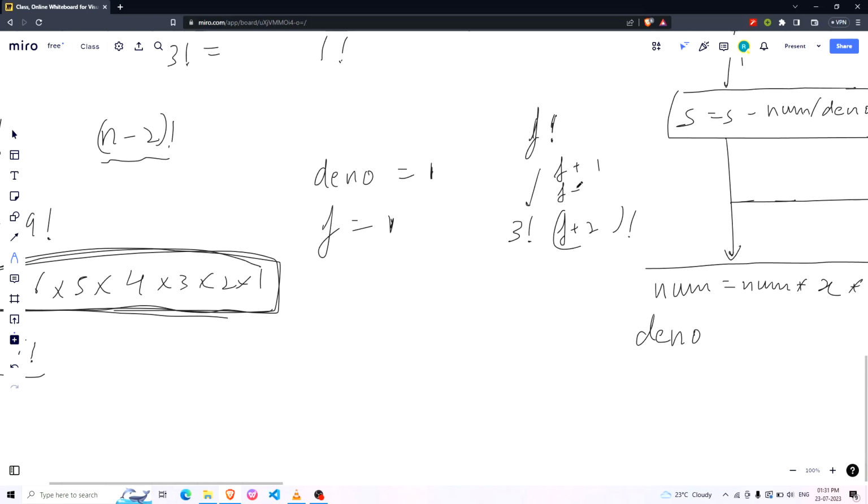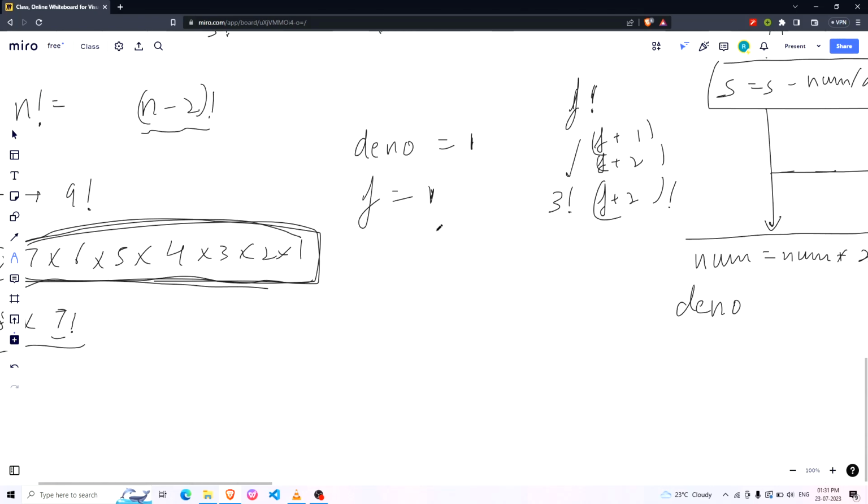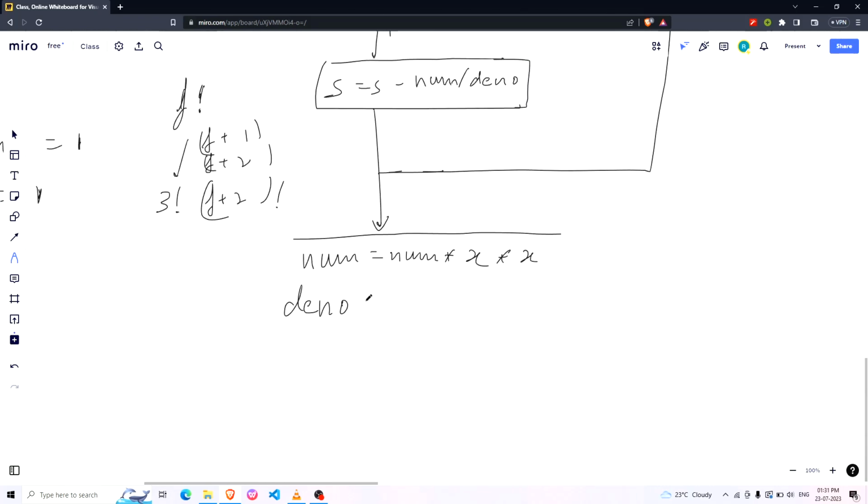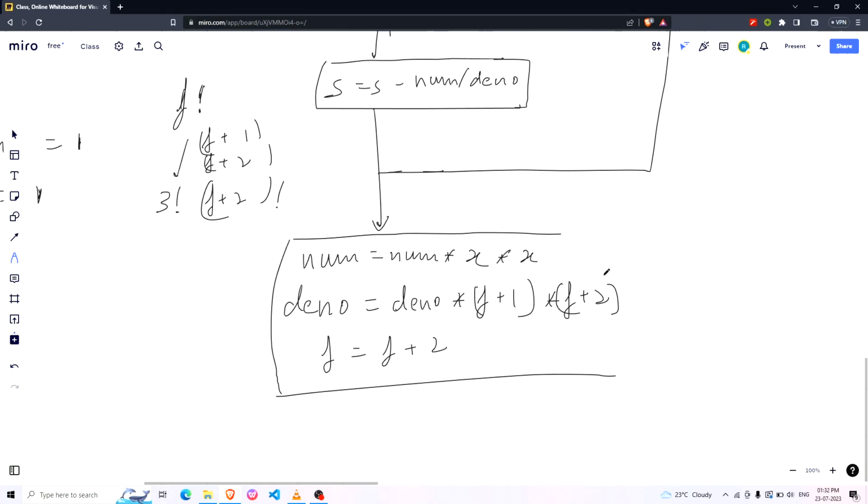So we will multiply the denominator with f plus 1 and f plus 2, and after that we'll increment f by 2, because for the next term it will be 3 factorial and it will get incremented by 2 every time.